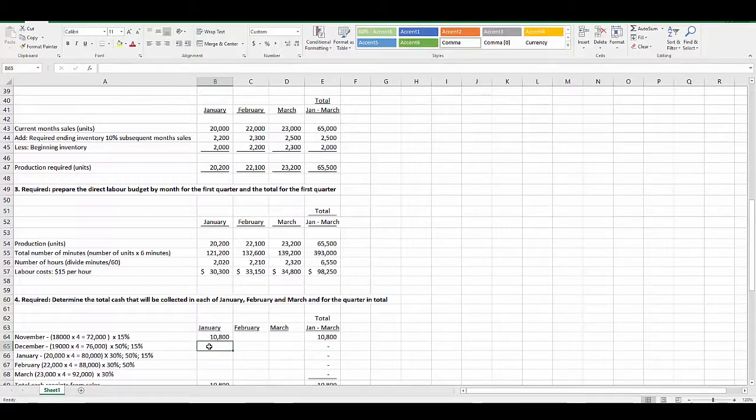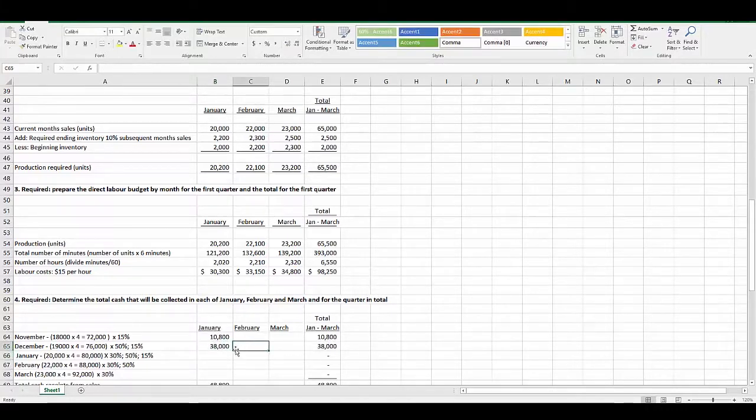Then in January, you're also going to be collecting on December sales. So in January, you're going to collect 50%. So again, the number of units that you sold in December was 19,000 times $4 a unit, 76,000. So that's equal to 76,000 times your 50%, 38,000.